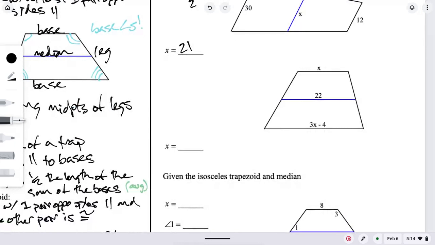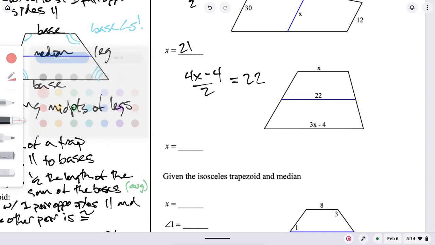On my next one, again, you need to know kind of an equation for this. I can add my bases, divide by 2, but I can also think about it this way. So it was 4x, when I combine those two x's, minus 4. I could divide that by 2, and it would give me 22. But I have one of two options.